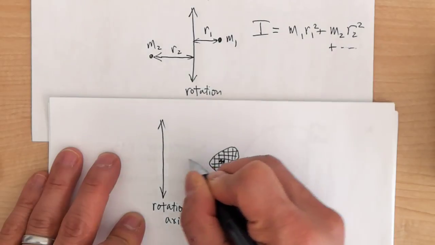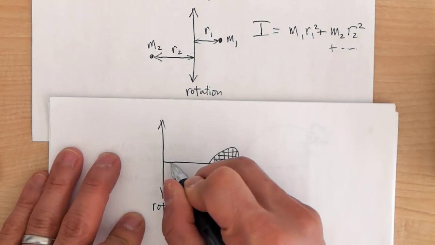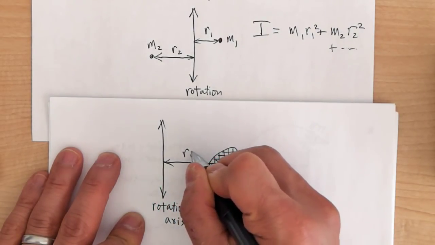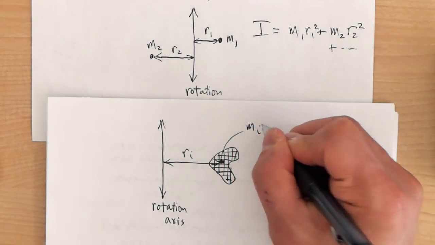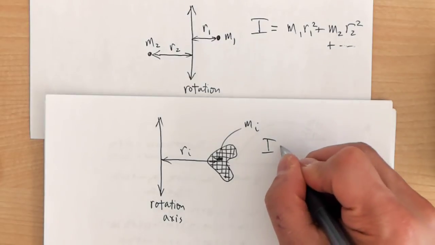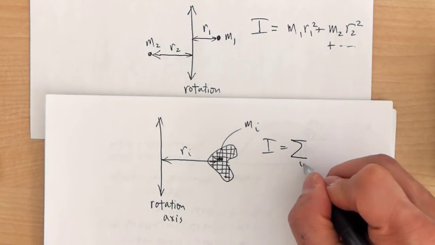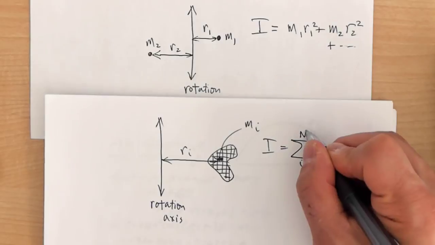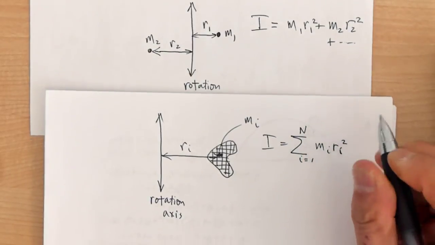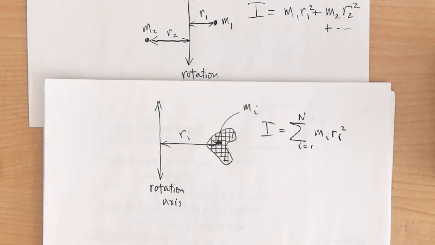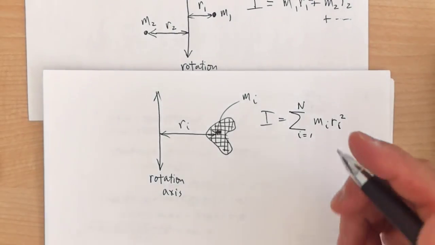For each piece, I figure out the value of Ri, and let's say it has a mass Mi. Then the moment of inertia would just be the sum over all the pieces from 1 to capital N of Mi Ri squared. And then I can take this as an integral.